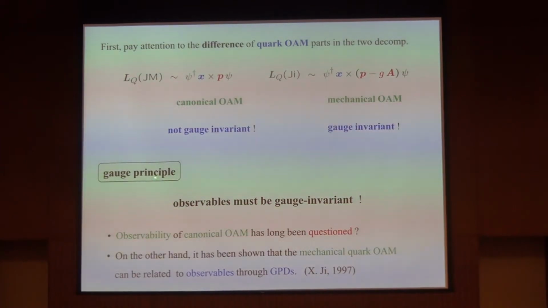So the gauge principle dictates that the observable must be gauge invariant. For this reason, the observability of the canonical OAM has long been questioned. On the other hand, it has been shown that the mechanical OAM can be related to an observable through GPD. This is its finding.